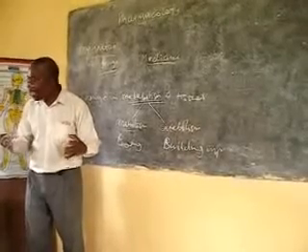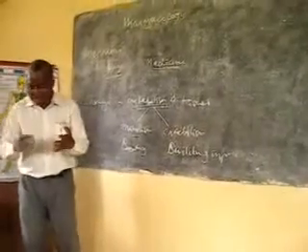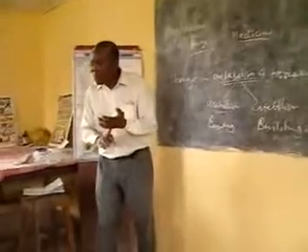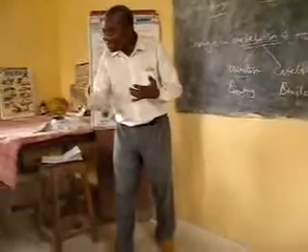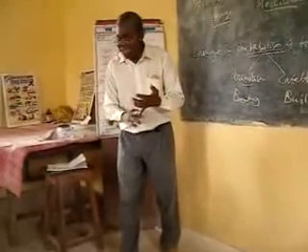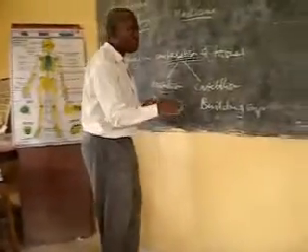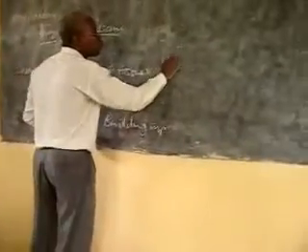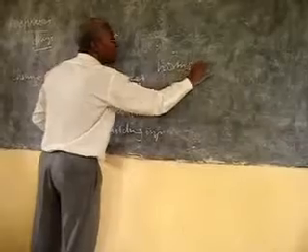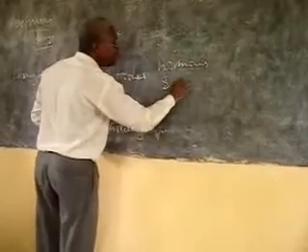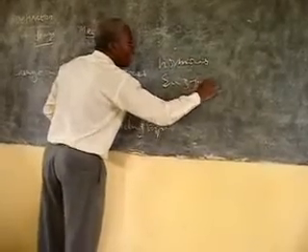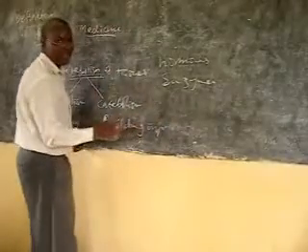Protein, don't forget, I've told you proteins are made from amino acids, right? They build protein from amino acids, and most of the time hormones are protein, enzymes are protein, right?